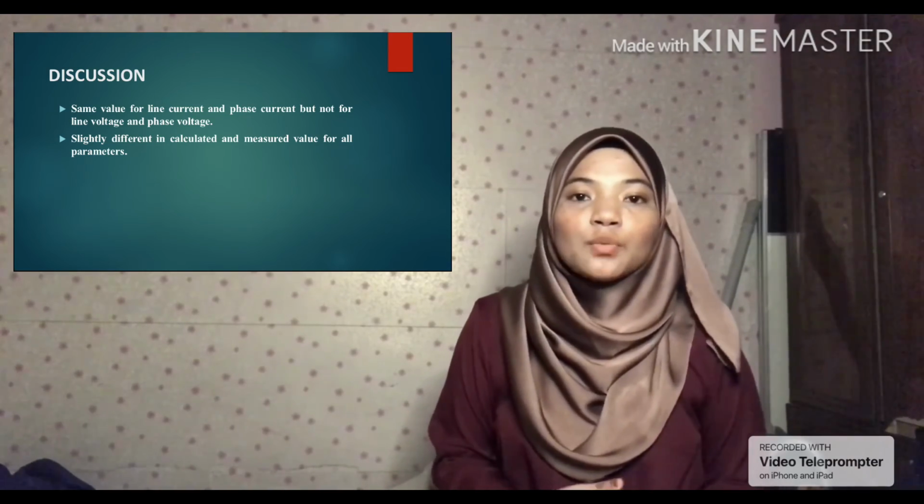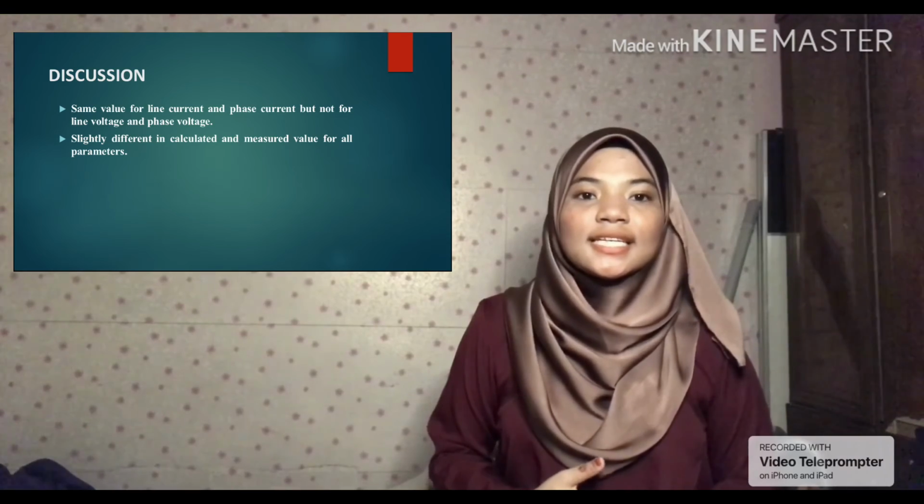Fifth part of the presentation, which is discussion. For the discussion, in Y configuration, line current and phase current are the same, but not for line voltage and phase voltage, where in Y connection, phase voltage is 0.577 times the line voltage.